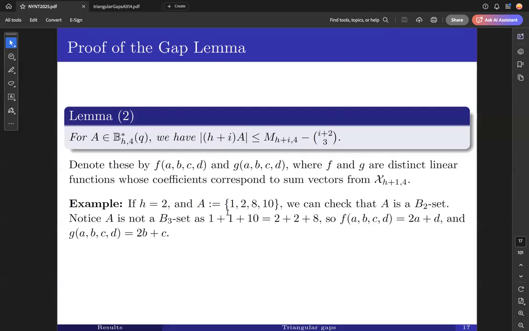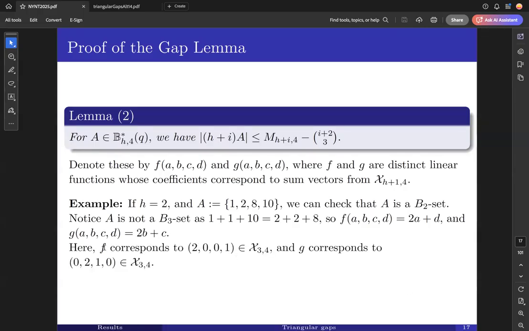So in this case, if this is A, B, C, D, F of A, B, C, D is 2 times A plus D, and G of A, B, C, D is 2 times B plus C. So we get 12 two fundamentally different ways. Again, it's not like A plus D and A plus D plus A or some permutation of the same elements. These are fundamentally different sums.